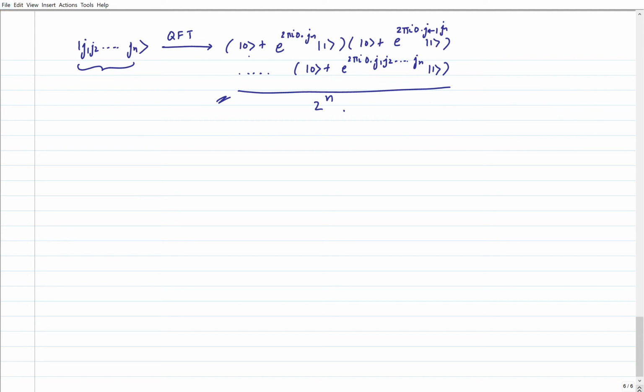So we are going to see this. How do we see this? Well, let's say, so J was Fourier transformed into, sorry, this should be n by 2, I believe, over here.